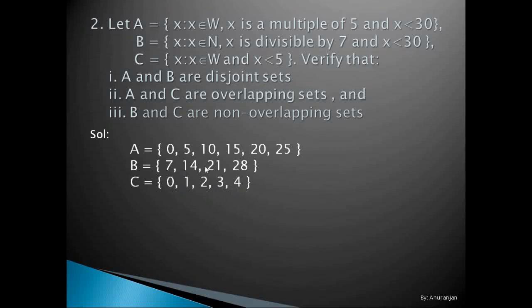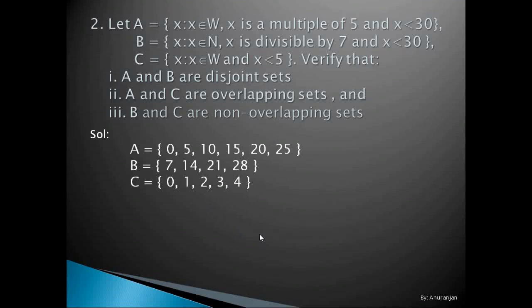Now once we have got the elements in the roster form, we can identify whether they are disjoint sets or overlapping sets. And we can use the Venn diagram to verify. So A and B are disjoint sets.